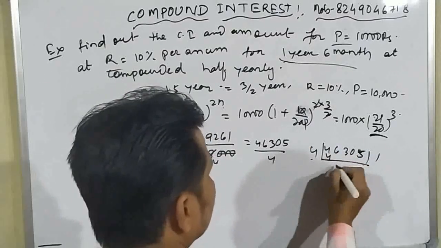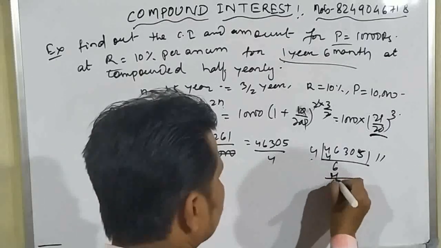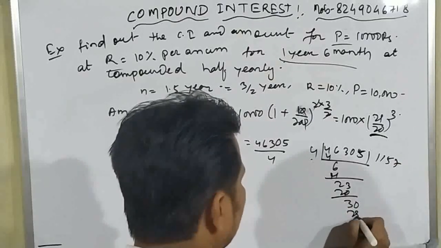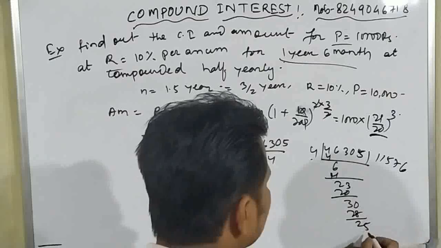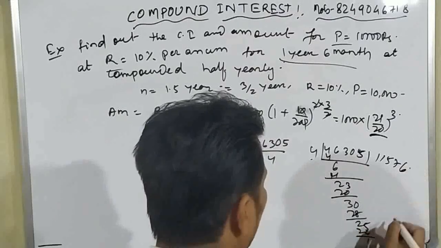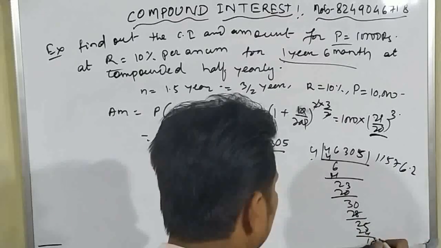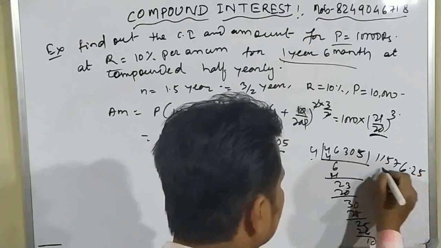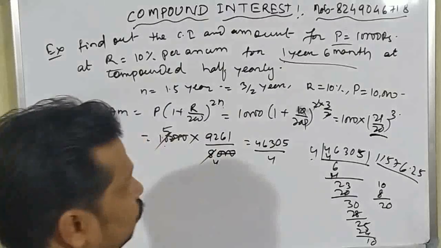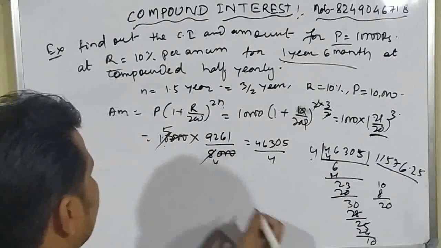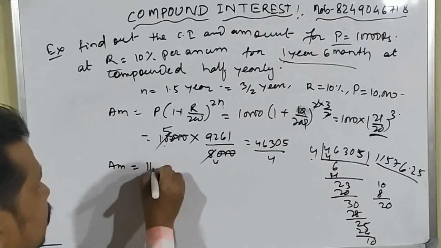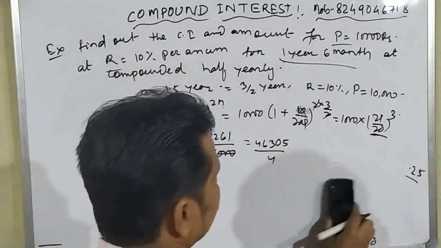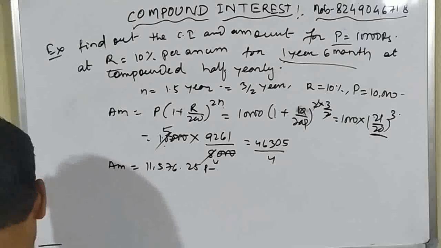This is our result, 11,576. Okay student, so the amount is equal to 11,576 rupees 25 paise.